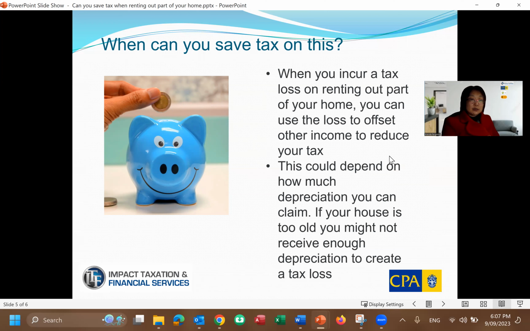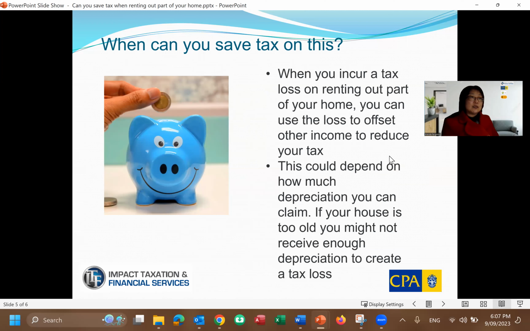So you do need to have a look at how old your property is. Generally speaking, as a rule of thumb, if your property is more than 40 years old, it probably doesn't have much value left to be depreciated, because the capital works, or the major building part of the property value, can be depreciated in 40 years.